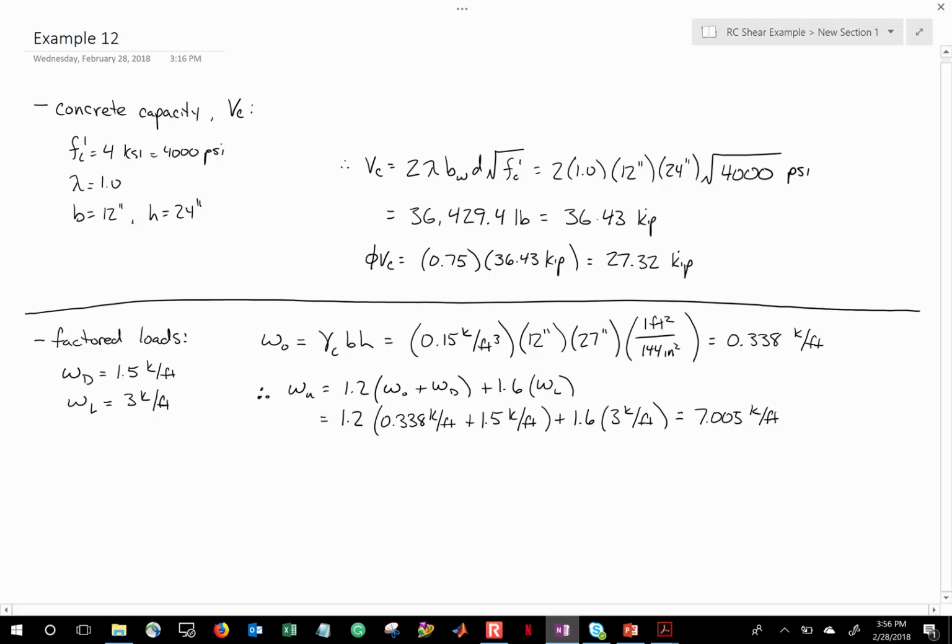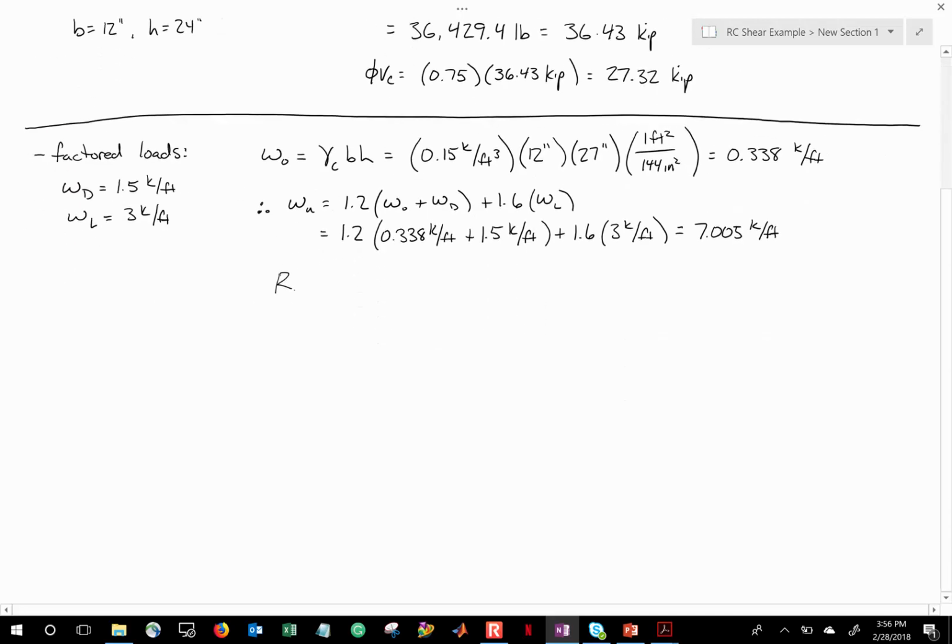Okay. So if we look at our reactions, let's do that. So RU is WL over 2, which is 7.005 kips per foot times the length, which was 24 feet, divided by 2.